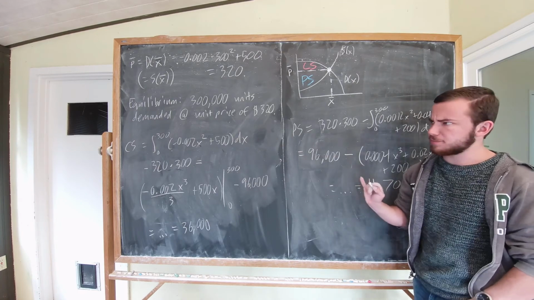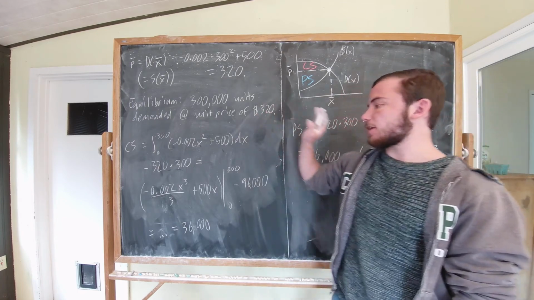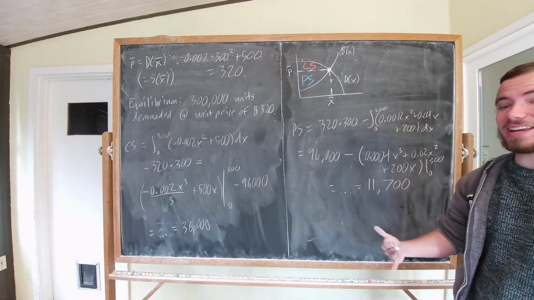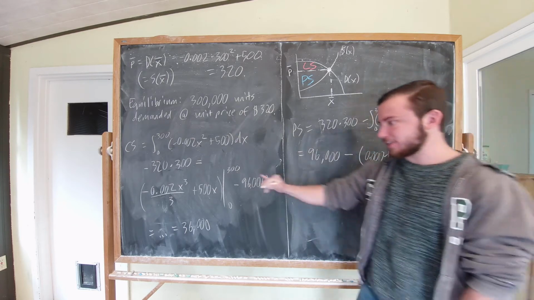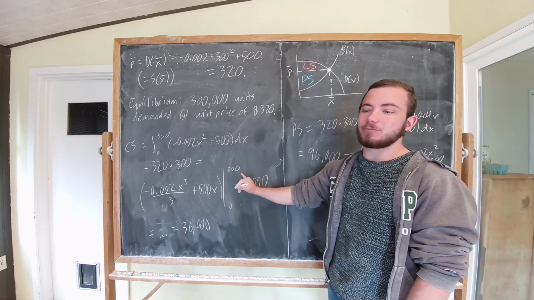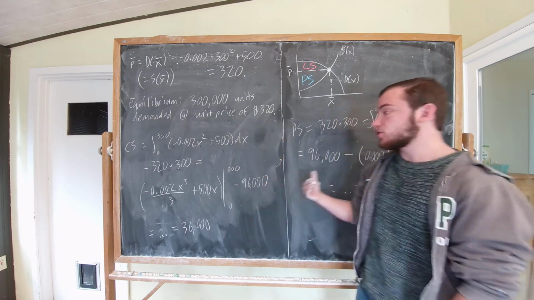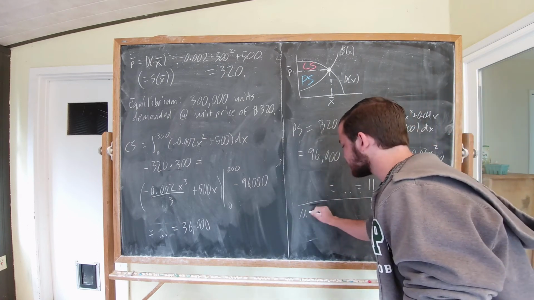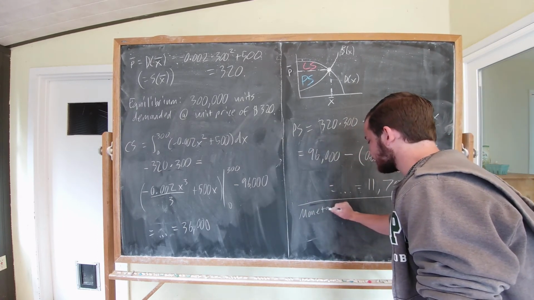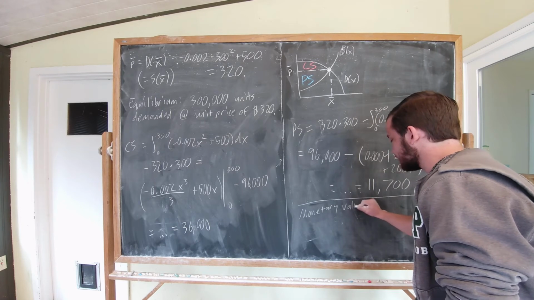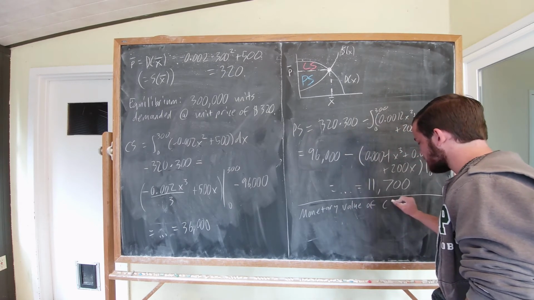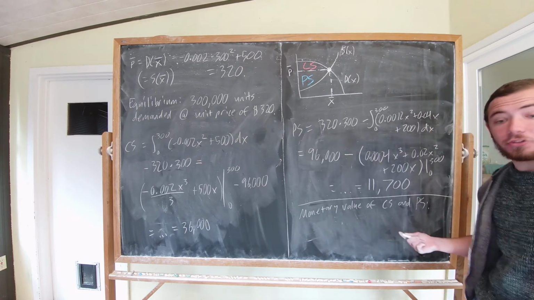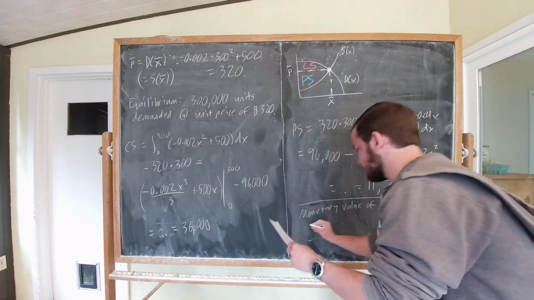All right, so these are the consumer and producer surpluses, but there's one quick thing. These are in terms of our x, right? But x is measured in units of 1,000. So really, we're not just using 300, we're using 300,000. So to find the actual monetary value, we just multiply by 1,000.